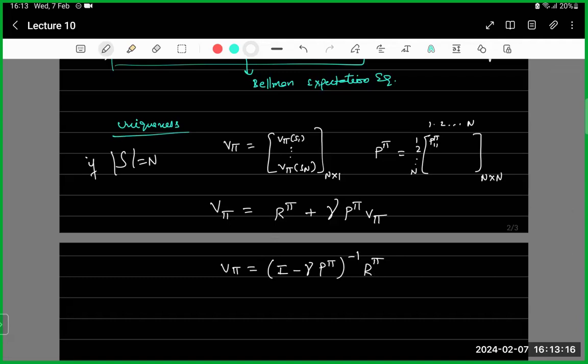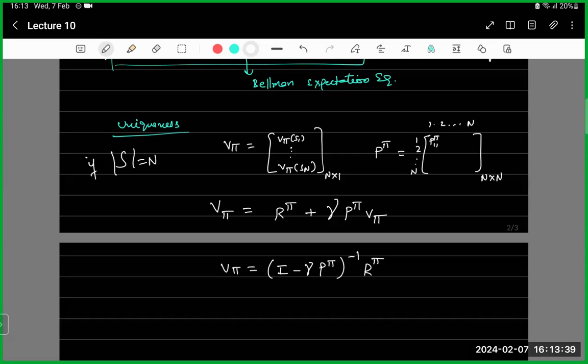Or this is like x equal to A inverse b. I just wrote it in that form. So just bring V pi to the left side. Here I is the identity matrix.